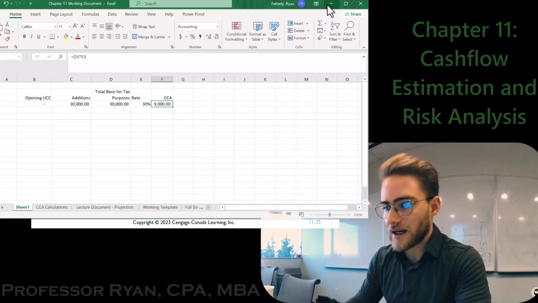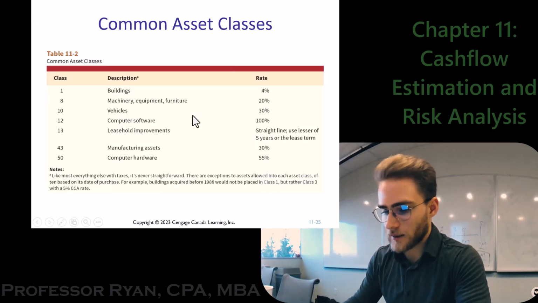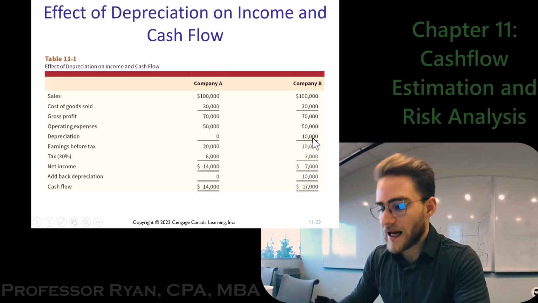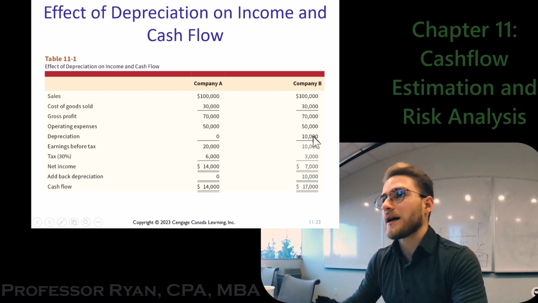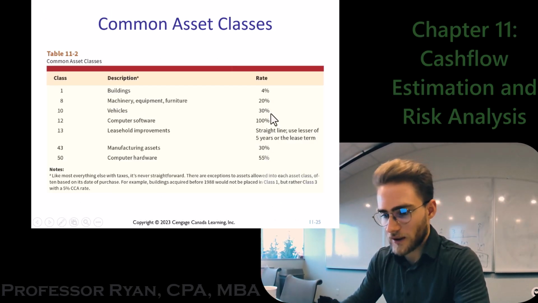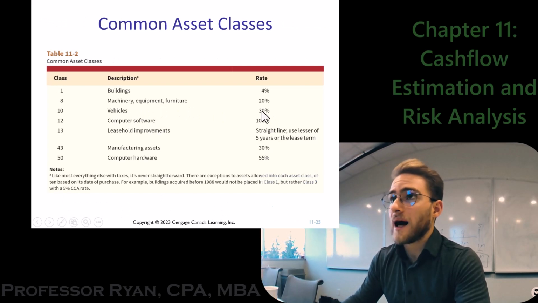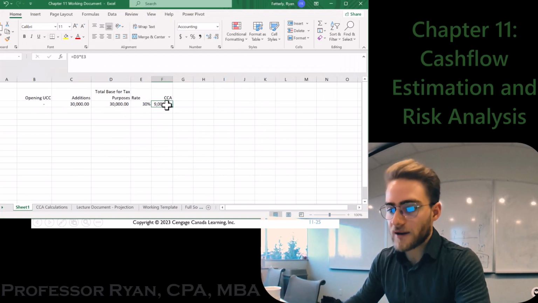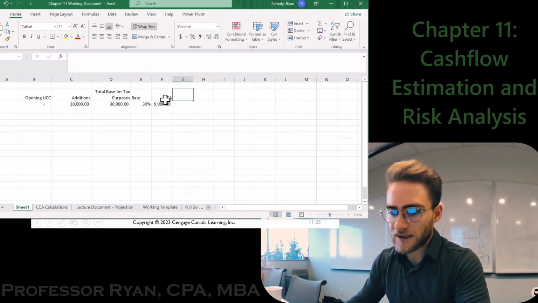So on the previous slide you saw we deducted, say, $10,000. So say we bought a $30,000 asset. It is a vehicle. Vehicles are depreciated at 30%. How it would work is we would basically get to deduct $9,000 in that first year for tax purposes.